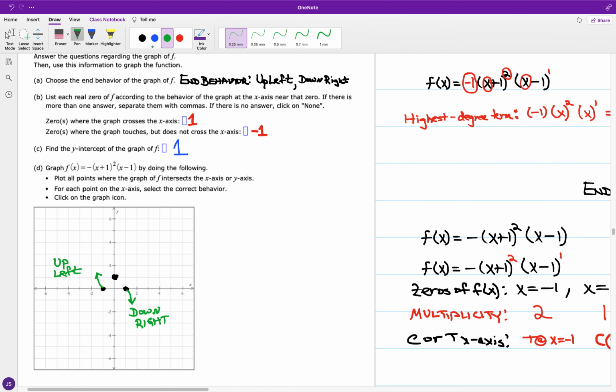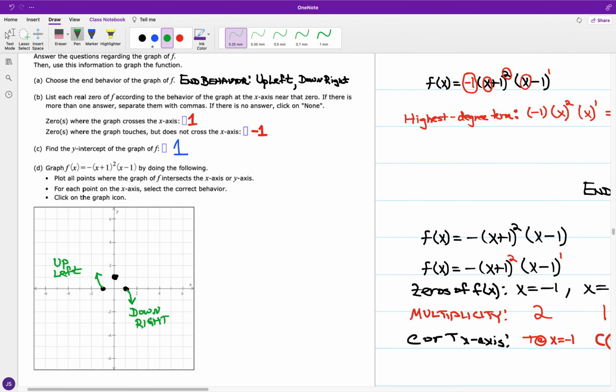Once the graph gets back to the x-axis at x equals 1, it continues down and to the right. So this is the general appearance of the graph of this function f of x: you've got your end behavior, your zeros on the x-axis where it touches and crosses, and of course the y-intercept at 0, 1.